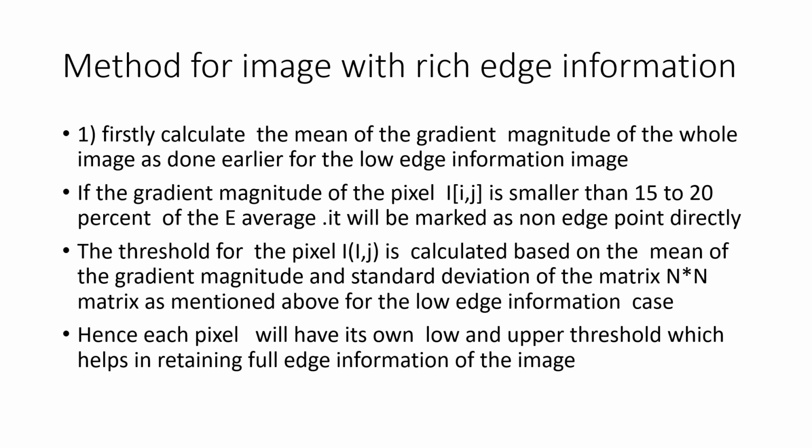When the pixel I(i, j) is located in the border area of the image and the matrix is less than n cross n, the insufficient parts of that n cross n kernel are filled with 0. Therefore, every pixel has its own corresponding double threshold values, and the whole image edge information can be obtained through detection and connecting edges. This is why connecting hysteresis is done in the improved Canny edge detection algorithm for rich edge information images.